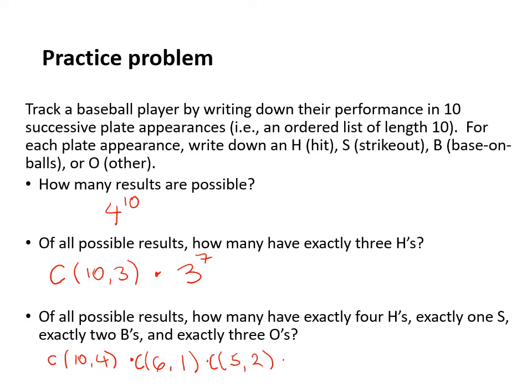And finally, we are going to choose 3 out of 3 for O's. I'm not going to calculate this here. You're more than welcome to calculate at home. But these are solutions to this practice problem. So make sure to understand this.